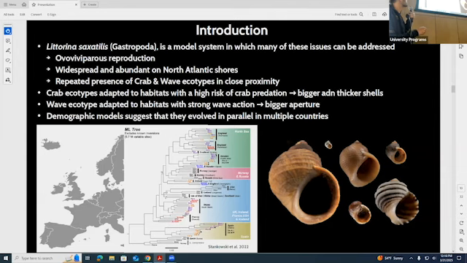Sweden is the place where the ecotypes of Littorina saxatilis have been the most studied, and we're going to compare it to Spain in this study. There has been some demographic modeling done on that species, and it showed that the ecotypes evolved in parallel in multiple countries, in all those places.